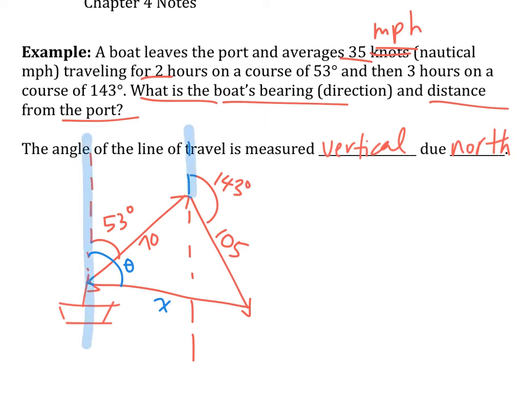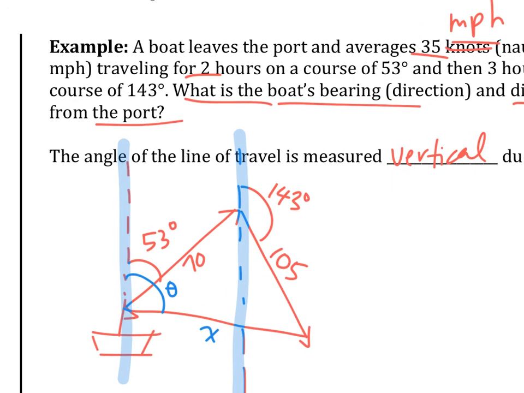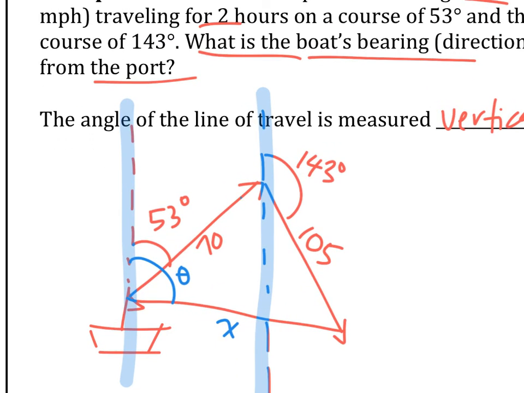So you have two parallel lines with a transversal. Think alternate interior angles. Find x, and then find the angle. So this is 53 by alternate interior angles. You have two parallel lines cut with a transversal, so alternate interior angles must be the same.